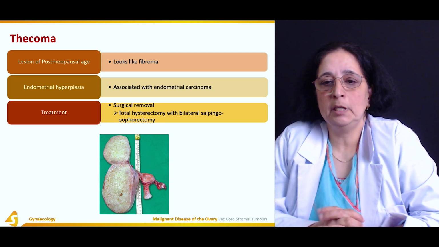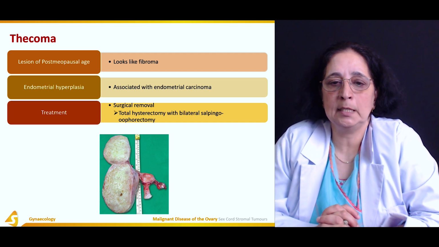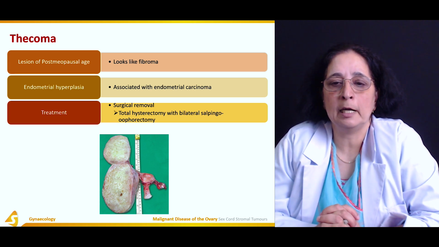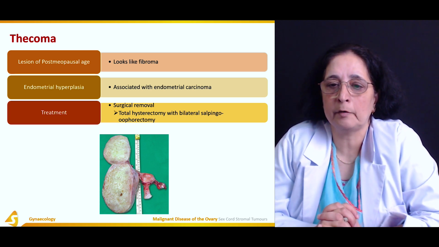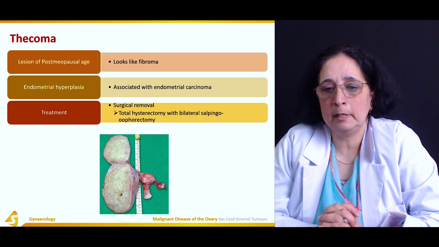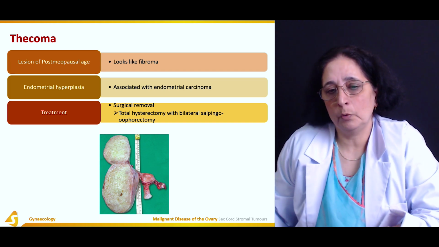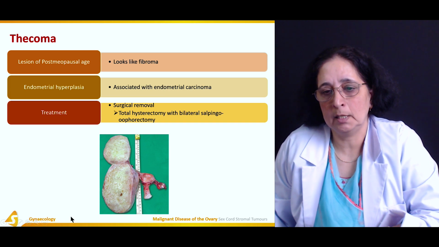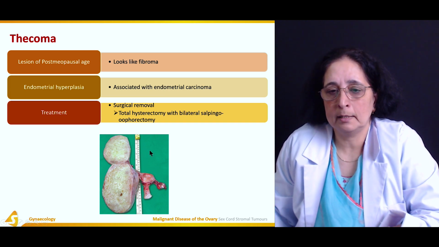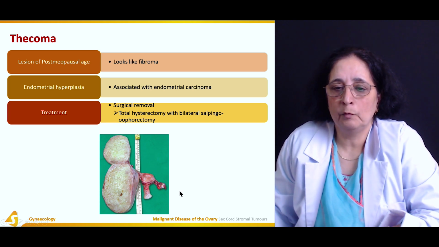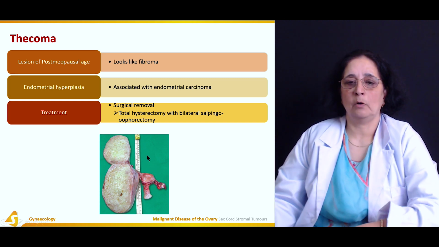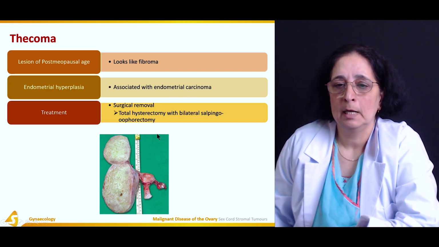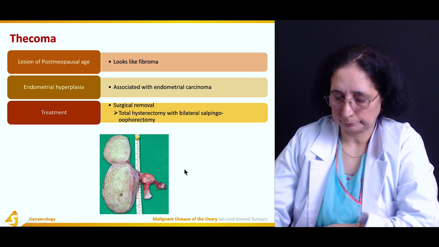Then there is usually endometrial hyperplasia, and it is associated with endometrial carcinoma, and treatment is usually surgical removal, total hysterectomy with bilateral salpingo-oophorectomy. You can see in this the thecoma is like a fibroid, big, and there is total removal of the uterus along with the bilateral tubes and ovaries.